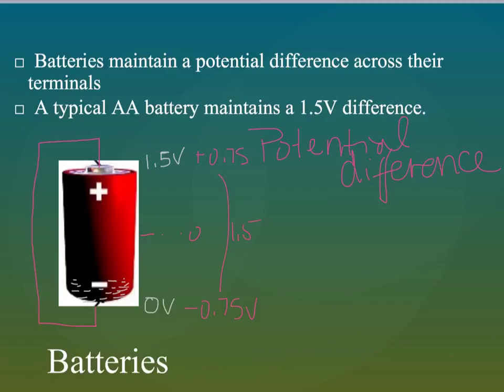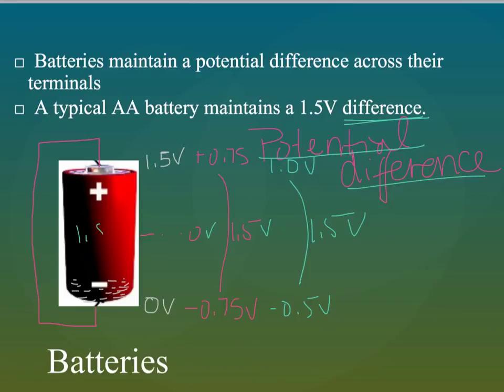Or we could even have negative 0.5 volts here, and a positive 1.0 volts here, and we still have a difference of 1.5. So no matter which way we do this, the difference is 1.5 volts. We don't actually know what this is, and we don't really care. What we care about is the potential difference, this 1.5 volts that makes this battery work.